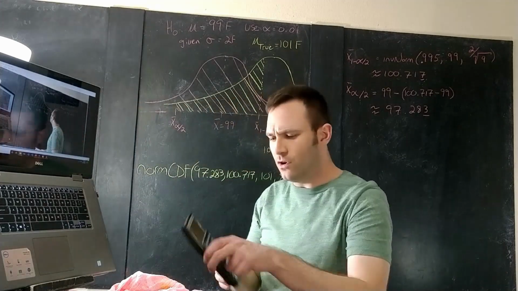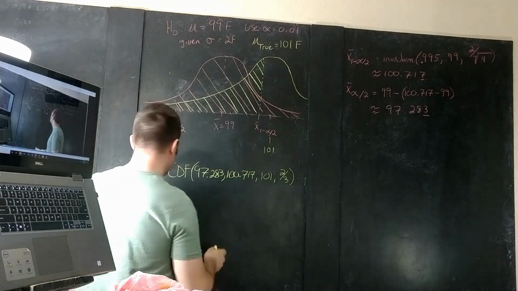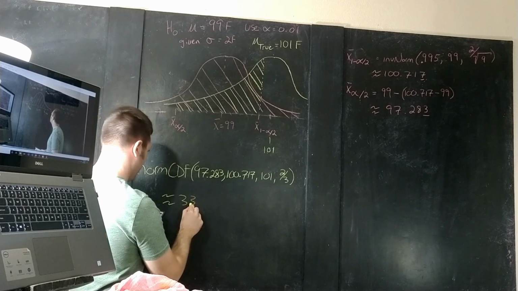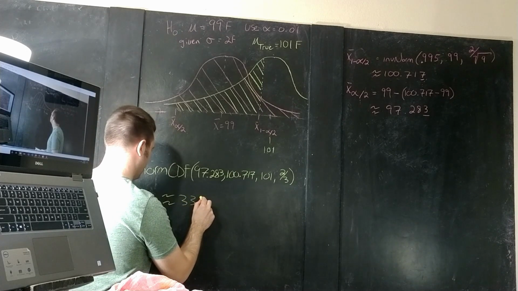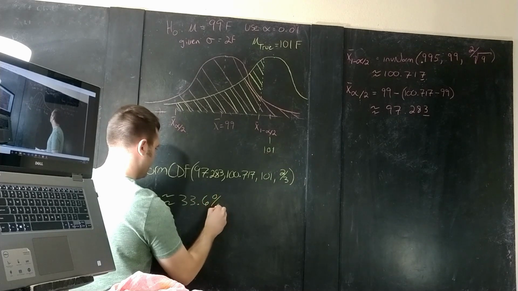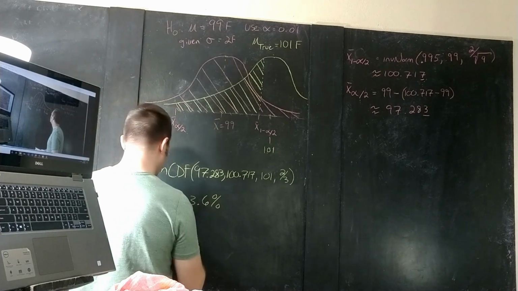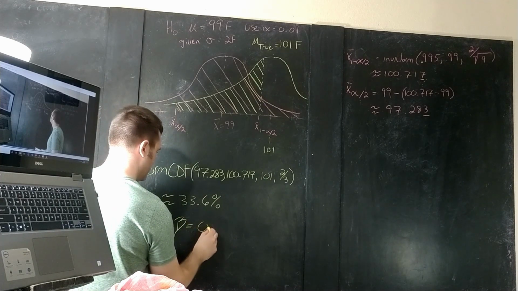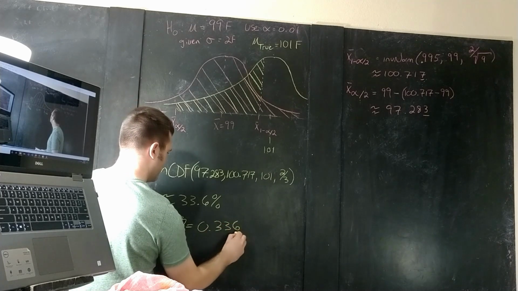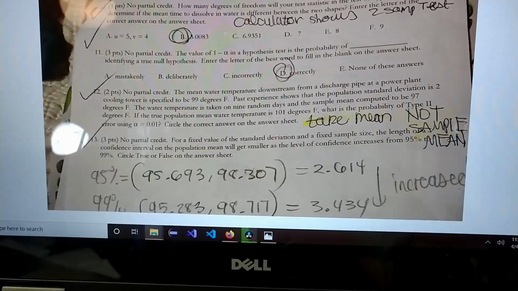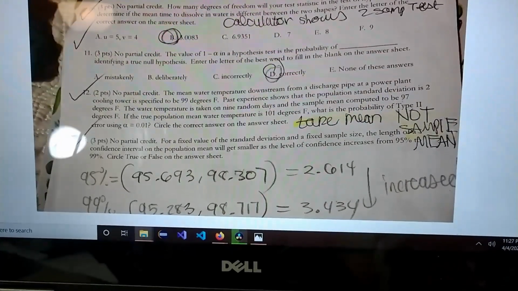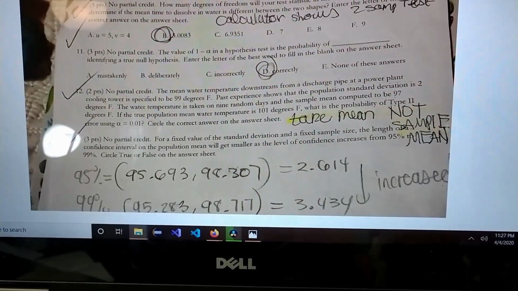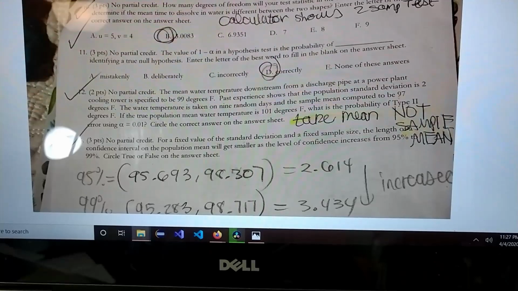And that's going to result in a probability of about 33.6%. Which means that beta equals 0.336.